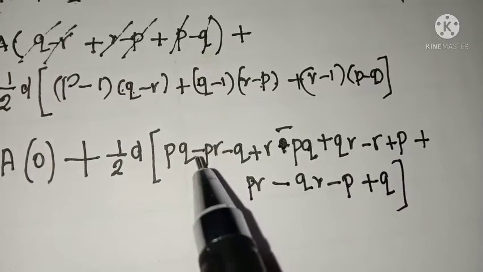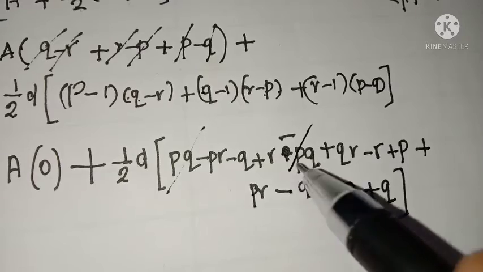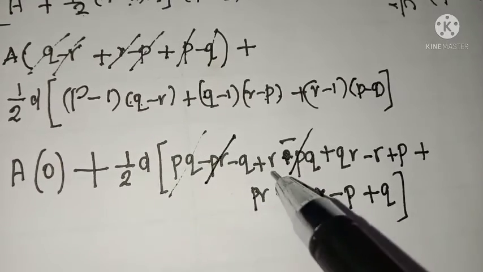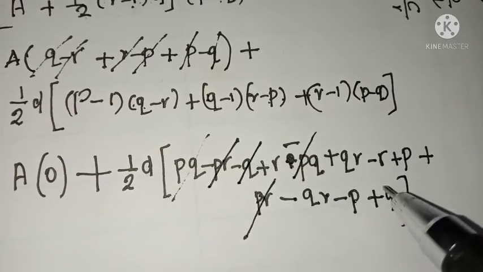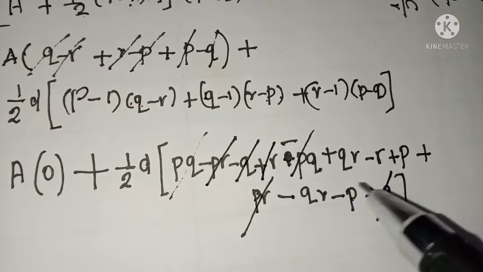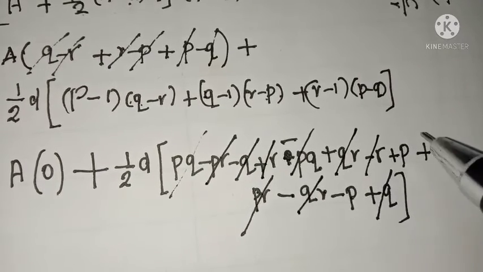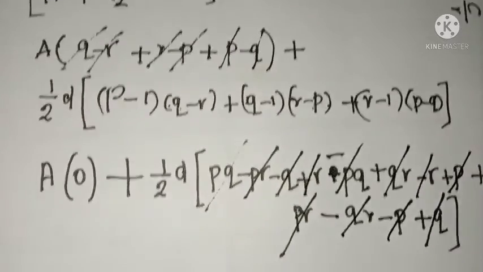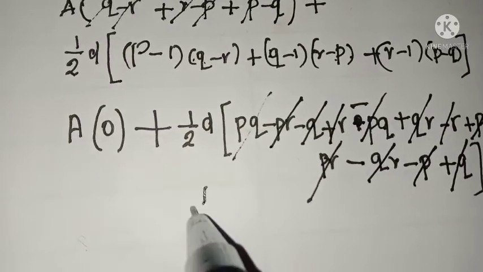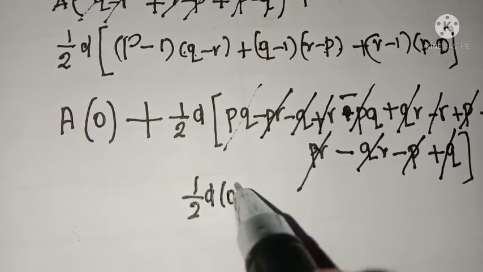Now look at here, we can cancel pq and minus pq, minus pr plus pr, minus q plus q, plus r minus r, plus qr minus qr, plus p minus p. So this becomes half d into 0.